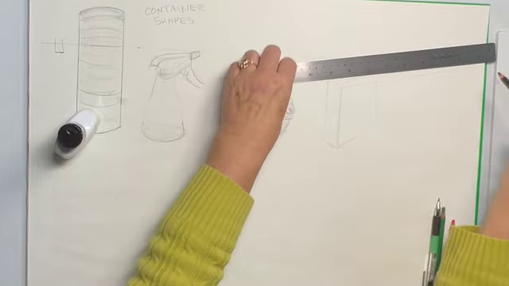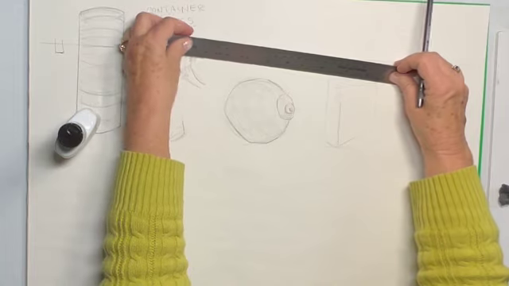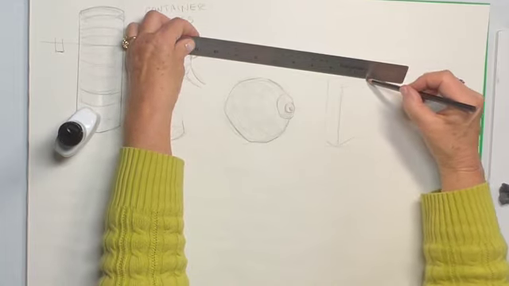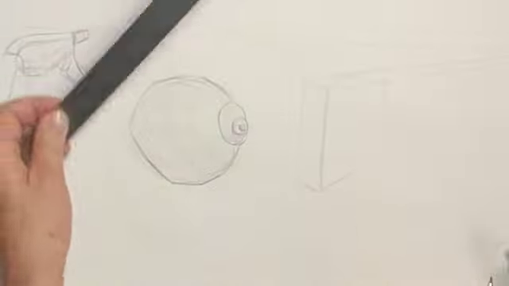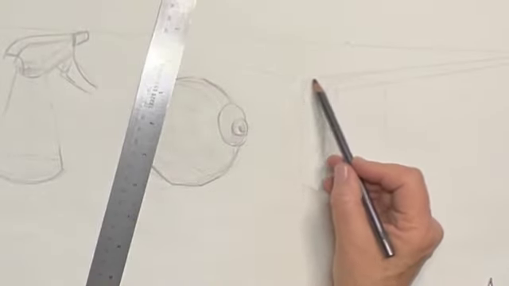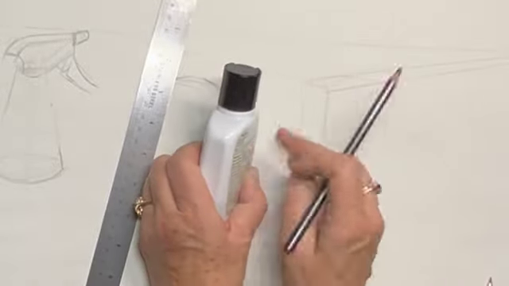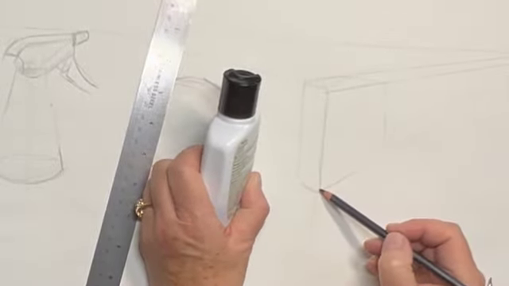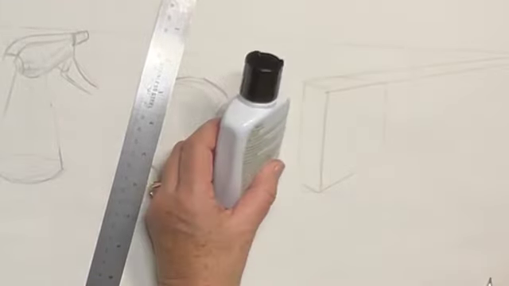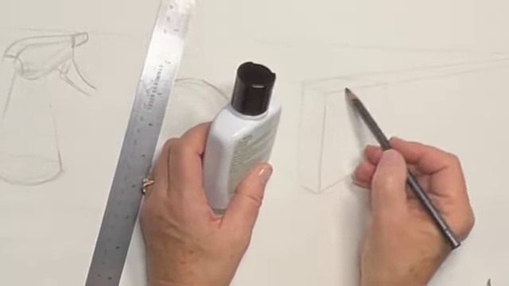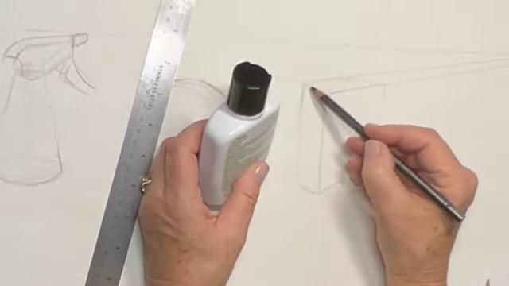And this line goes off to this vanishing point. Didn't get quite in the right spot. There. Okay. So now we have these. Here's our basic cube that the bottle is in. And we see it has slightly curved sides. So we can start curving those sides to make it fit.